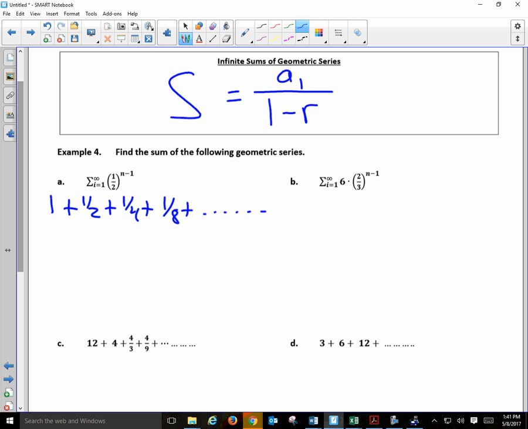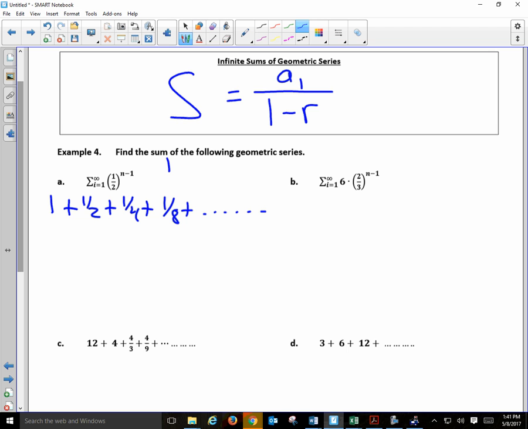1 plus a half is 1 1/2, right? Or 3 halves. Plus a fourth would be 7/4, right? Plus an eighth would be 15/8.